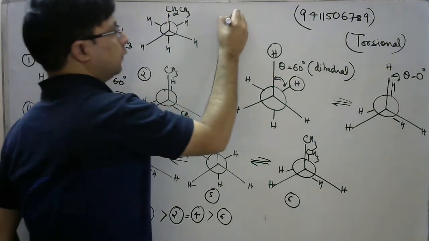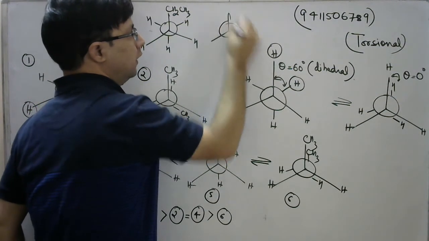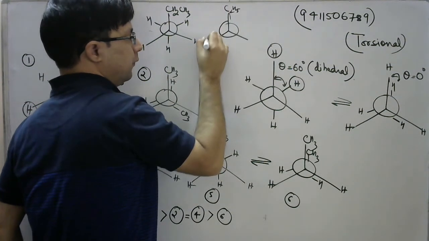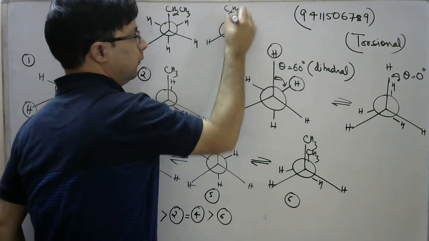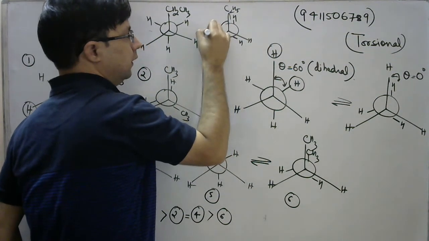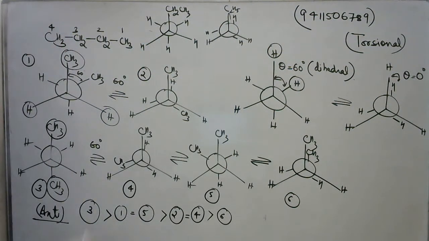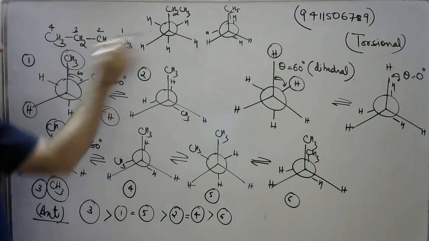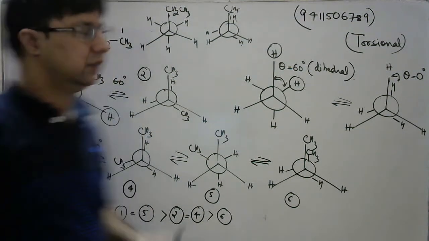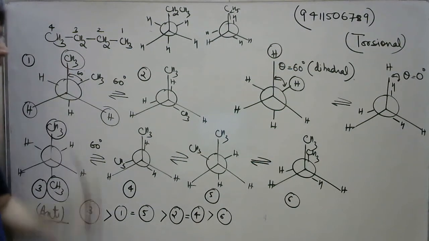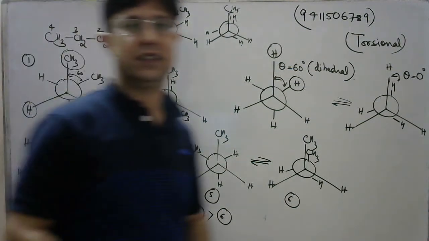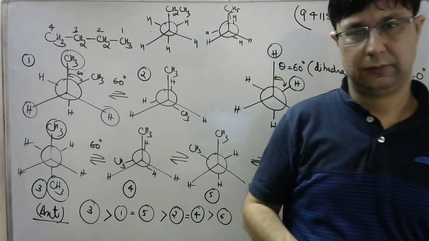And the another conformer will be the eclipse one, where the C2H5 and hydrogen atom will be present in the eclipse position. So this is the analysis along the C1-C2 bond, and this is the analysis along the C2-C3 bond, and we have compared the stability of these conformers also.